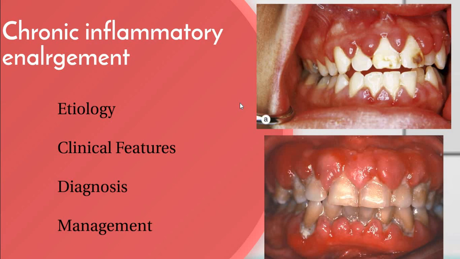Sometimes you find a discrete mass. Enlargement can occur as a discrete sessile or pedunculated mass in the chronic inflammatory enlargement, and they resemble a tumor. They may undergo spontaneous reduction in size, don't be afraid, followed by exacerbation and continued enlargement. Painful ulcerations sometimes occur between the mass and the adjacent gingiva.